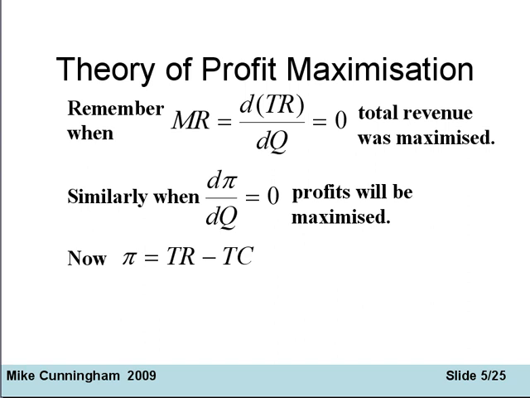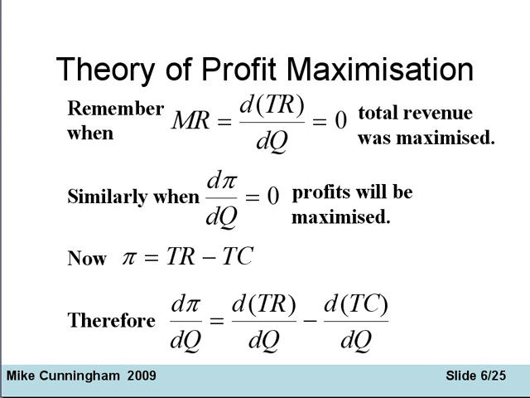Now, we know that profit is equal to total revenue minus total cost. That's not rocket science. We have profit is the difference between total revenue and total cost. Now, if we take a small change in profit, divided by a small change in quantity, if we do that all the way across, then that relationship must hold.